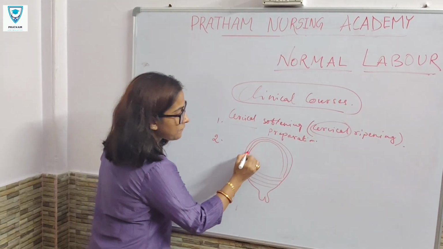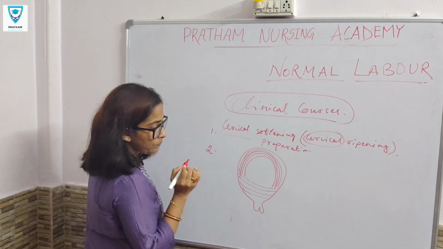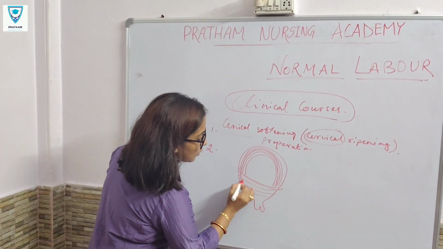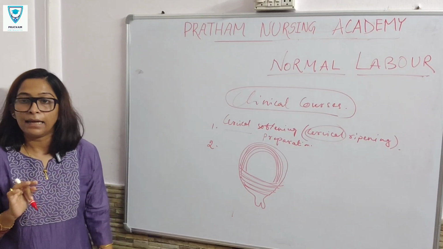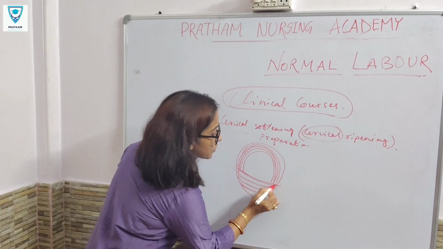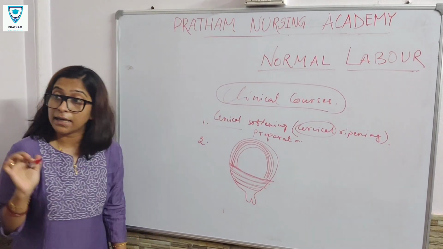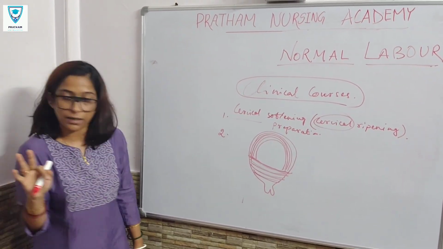So if the contraction in the upper pole and the contraction in the lower pole happen at a time, then there will be a formation of a physiological contraction ring. Physiological means that it is absolutely normal. It's not a pathological contraction ring.